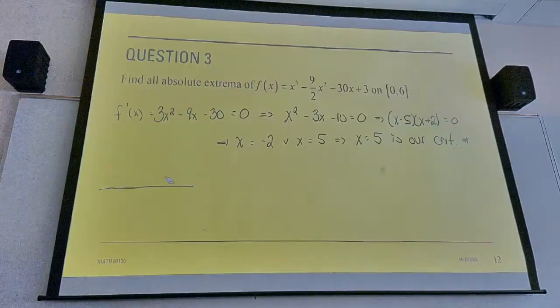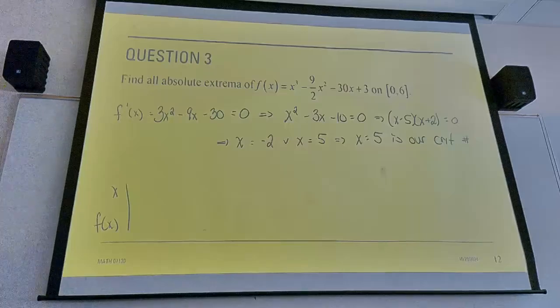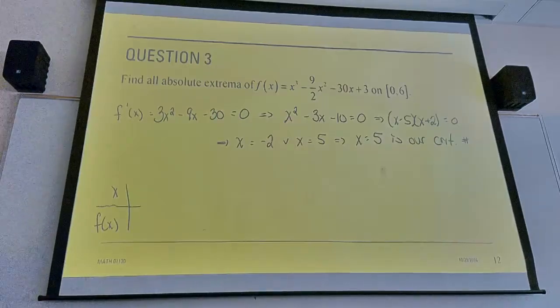Actually, I'm going to make it this way instead. You don't have to change it. I'm doing it this way because I don't have enough room to do it the other way. Start with the smallest x value I see, which is the endpoint 0. What is f of 0? 3. Next number is 5.